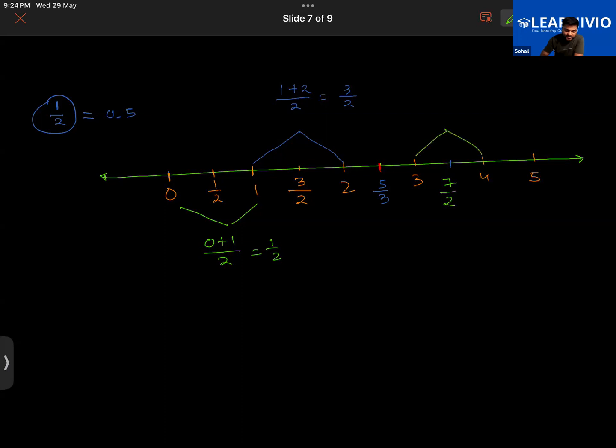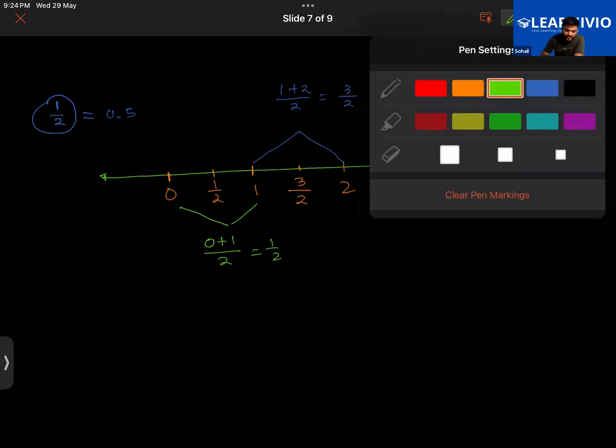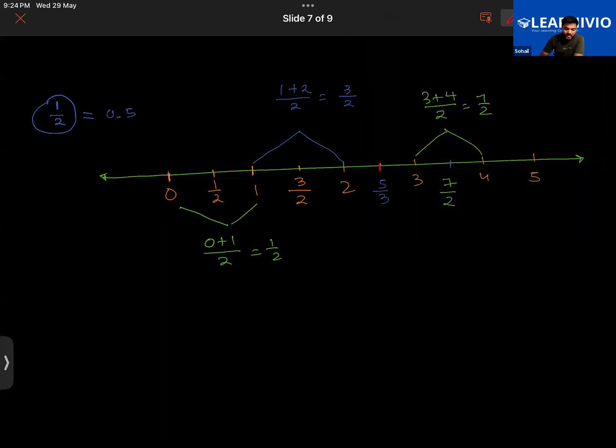See, basically you added 3 and 4 and divided by 2, thereby 7 upon 2. This will be done only when a question asks you to find a fraction between two given whole numbers. In that case only you have to do this.